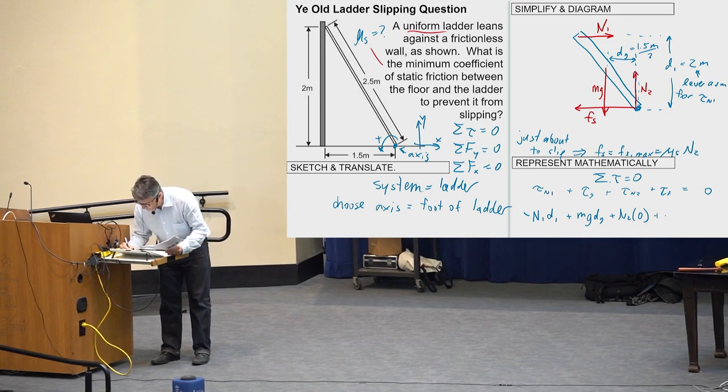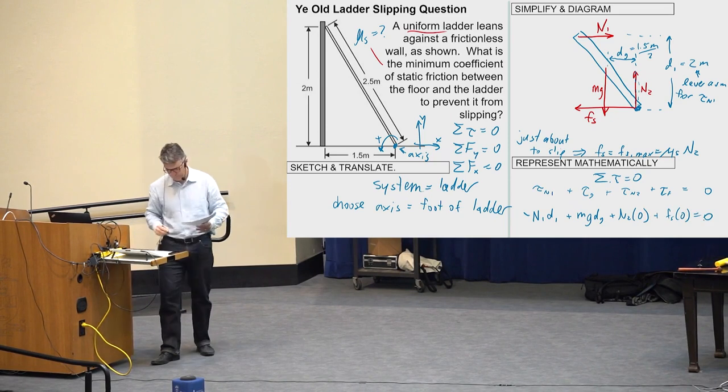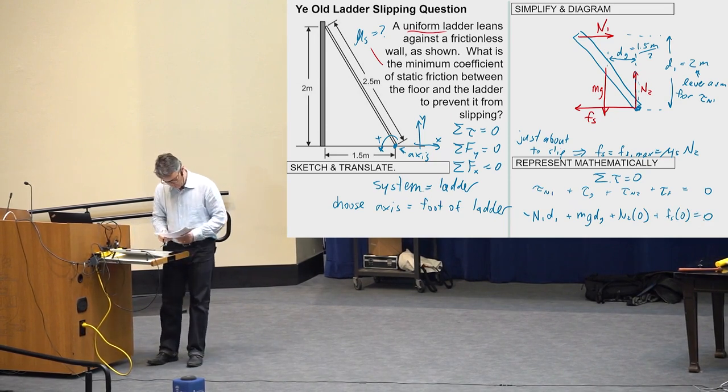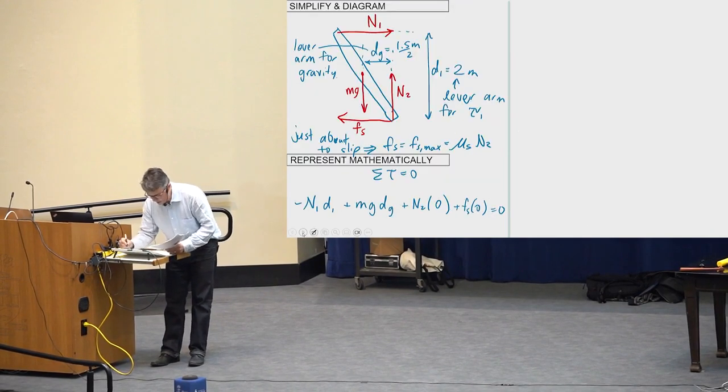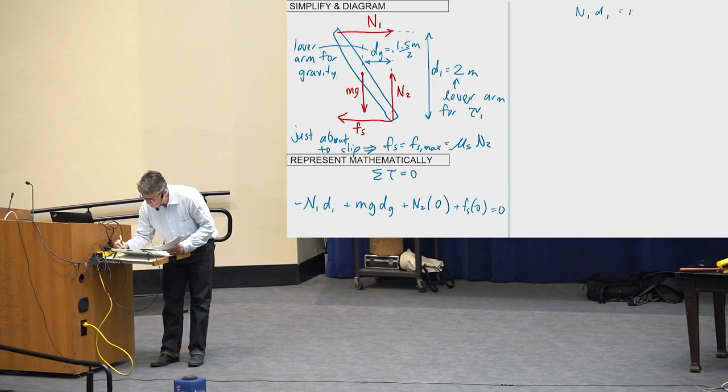And then the static friction force is also acting at the rotation axis. So those both equal 0, so we don't have to worry about those ones. So now we can simplify that equation, and we can write down that N1 times d1 is equal to mg times dg. And I'll call that equation 1.